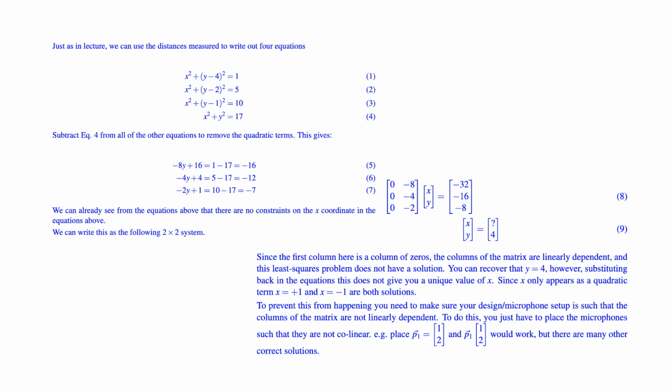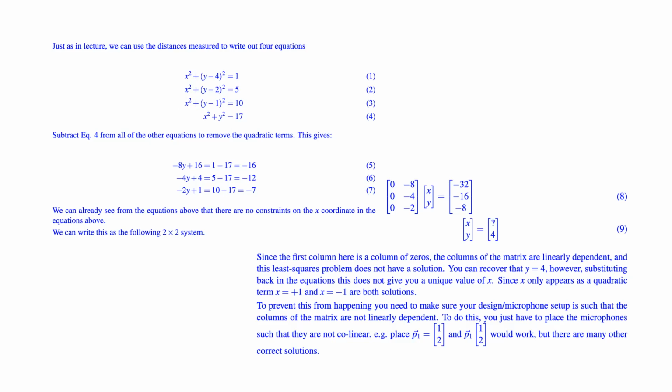If you were to actually solve it out, you would see that y has to be 4, but x could be anything. So there are multiple solutions to the system. There might not be infinite solutions, because when you plug y equals 4 into your original equations, you would get 2 values for x, plus 1 and minus 1, but there's more than one solution. Because there's more than one solution, we can't definitively say where we are.